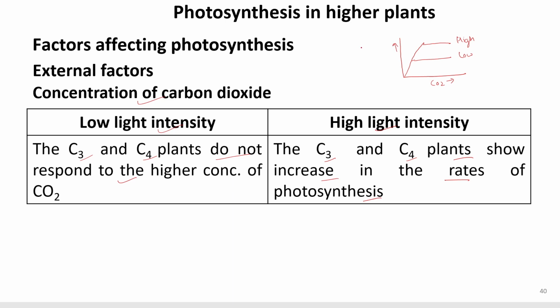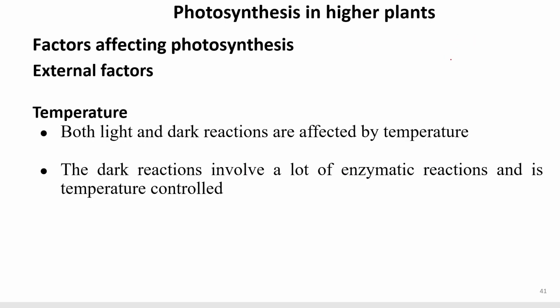Here we have the rate of photosynthesis. So here you can see at higher light intensity, the rate of photosynthesis increases, whereas at low light intensity, the rate of photosynthesis is a bit lower, both in C3 and C4 plants.